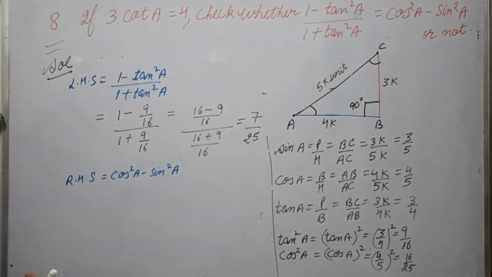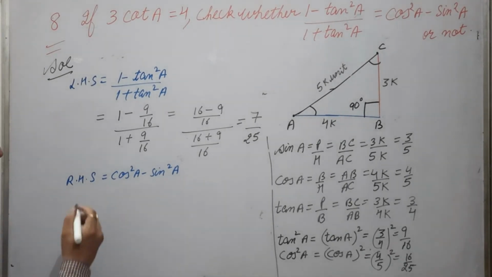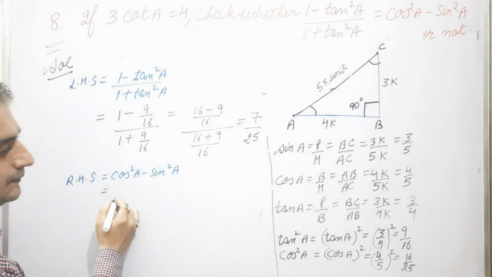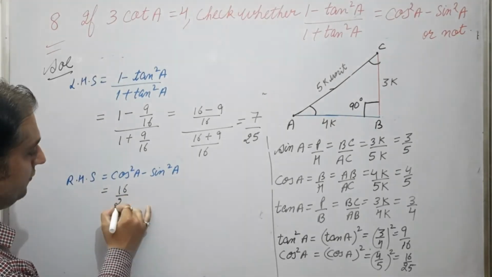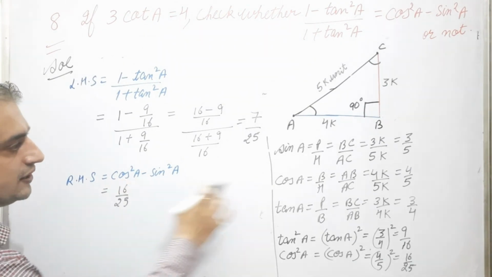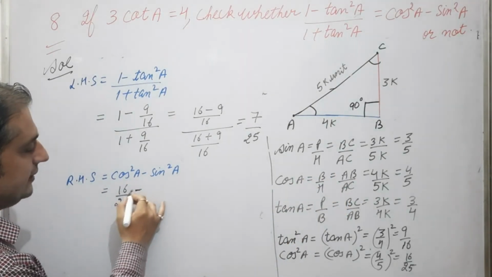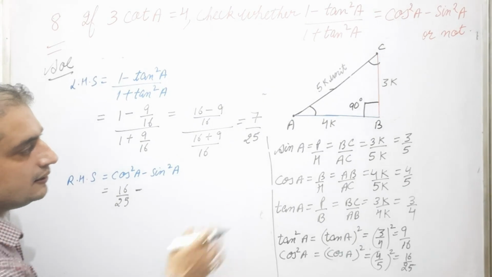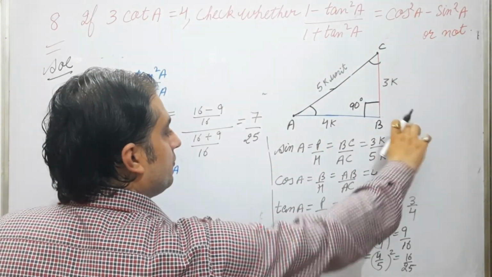Just put the values of the T ratios, sine and cosine. Cos square is 16 upon 25. And what is the value of cos A? That is 4 upon 5. Minus, what's the value of sine square A? Sine A is what? 3 upon 5.